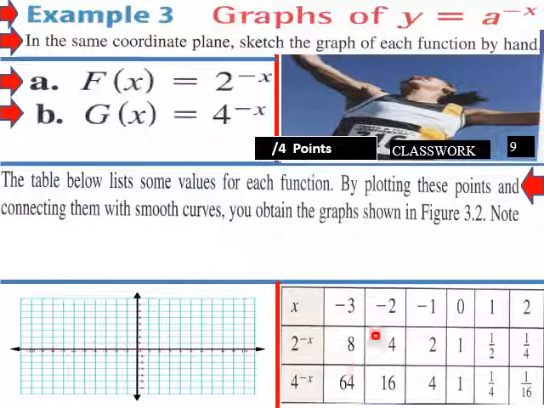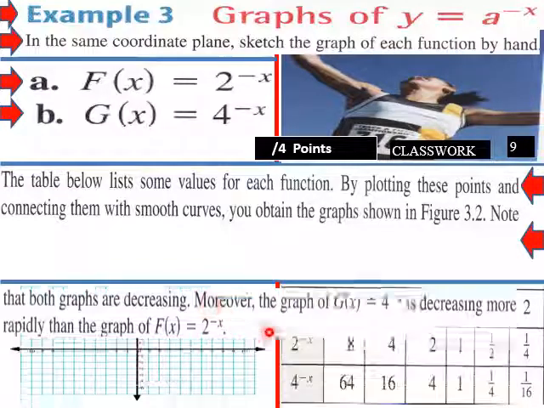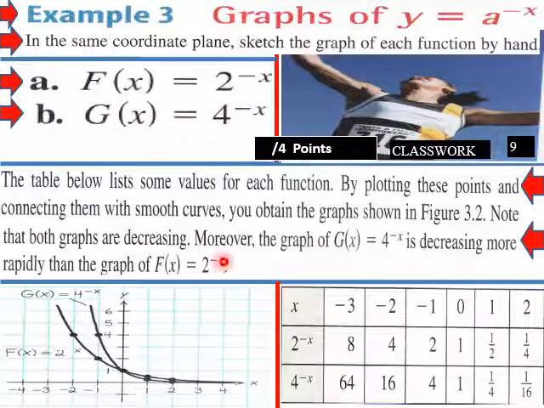And then these are our tables that we're going to use to plot, because we're going to do it by hand. So here are x equals 0, y equals 1, negative 1, and then 1 over here. So we've got a different situation. We've got something like this. So both graphs are decreasing now.